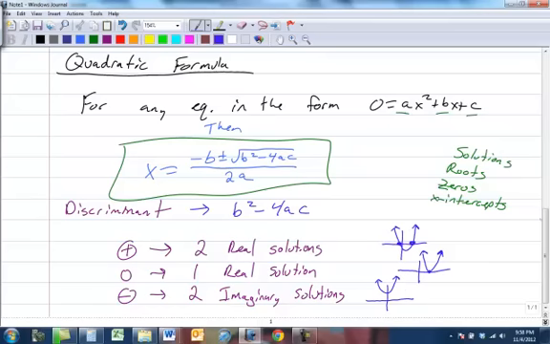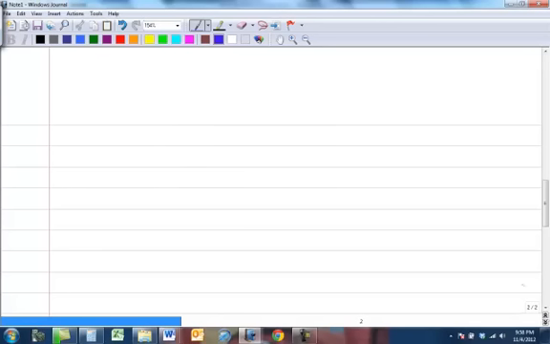So let's do one example, and then you're going to do 20 of them or whatever in your homework. Let's go with negative 2x squared equals negative 2x plus 3.